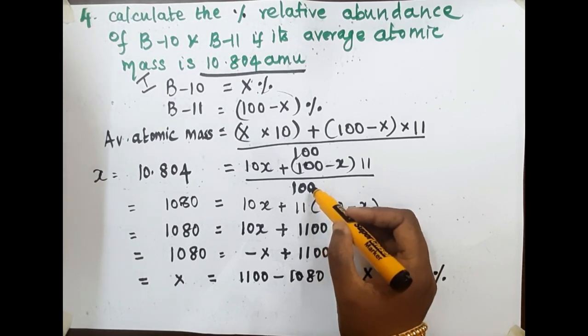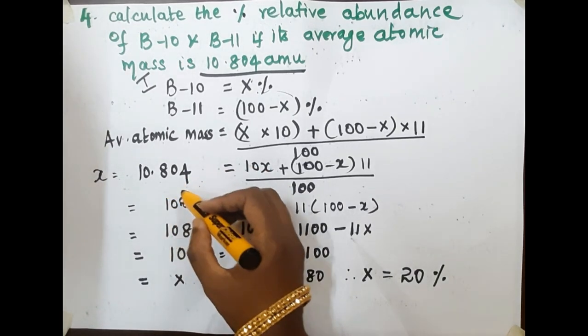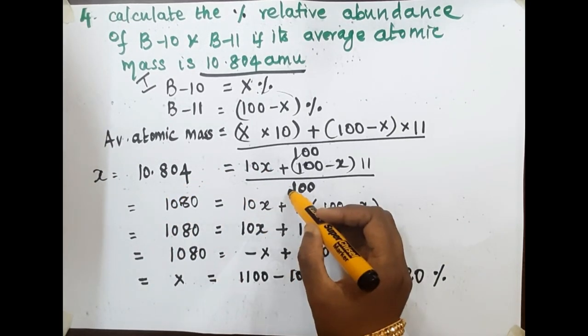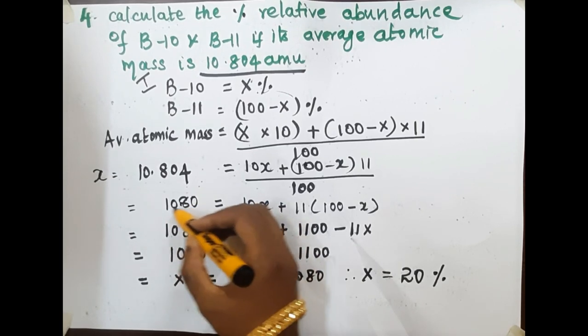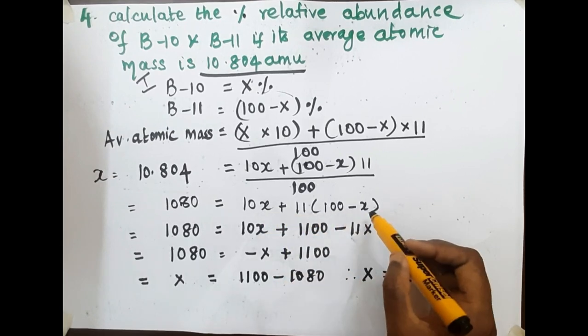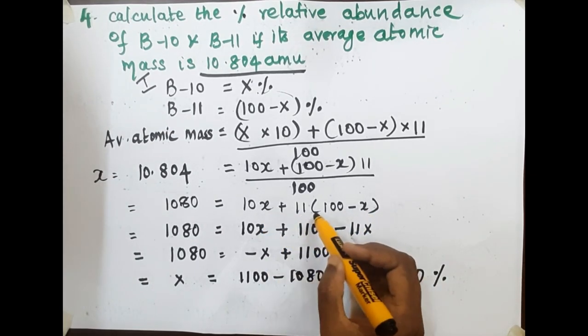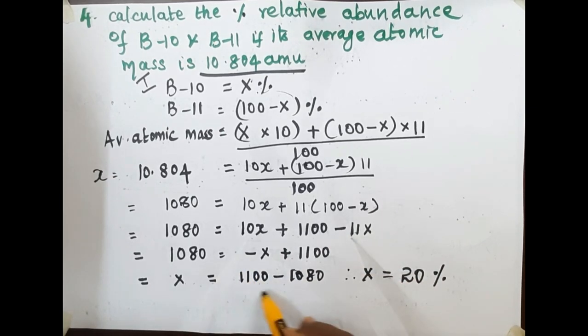Is it clear, children? Now we are going to cross multiply 10.804 into 100. So it becomes 1080, just taking only the four digits. I'm just rearranging this equation: 10x plus 11 into 100 minus 11x. Now bringing the x here, I'm getting x as 20%.